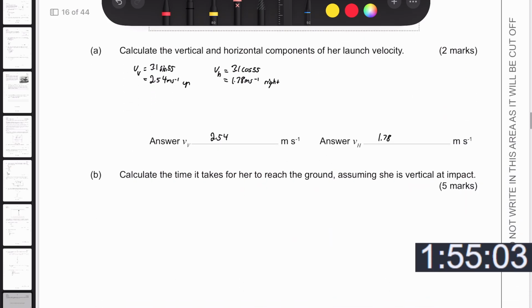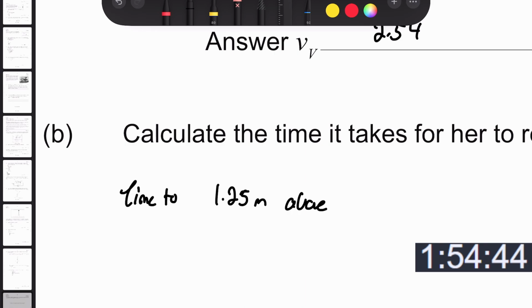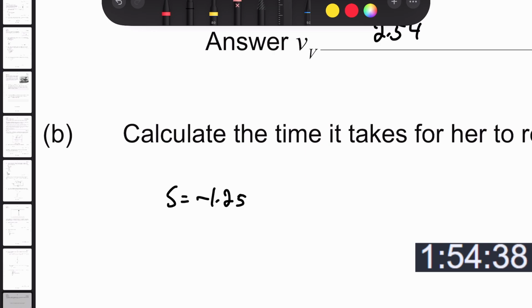Reach the ground, so then S. Actually no, S will be equal to negative 1.25 meters.